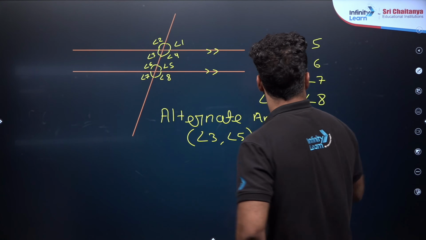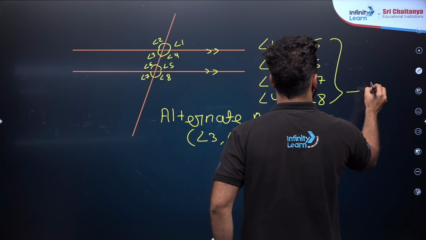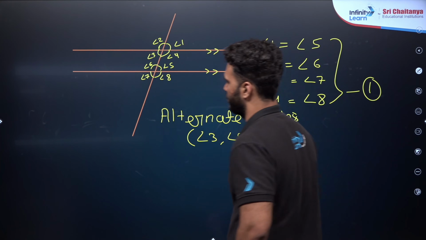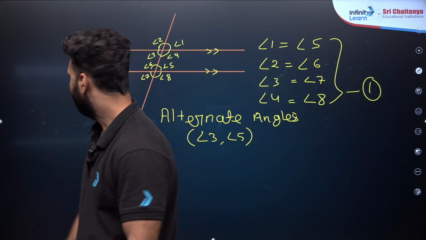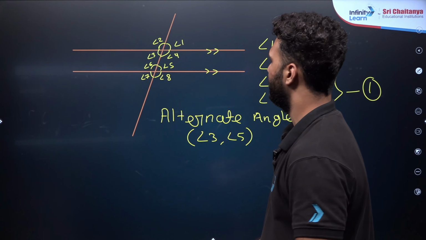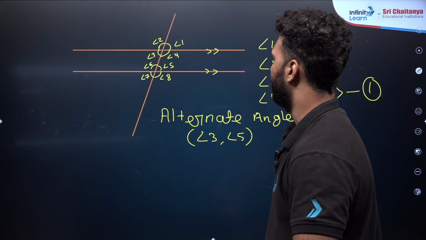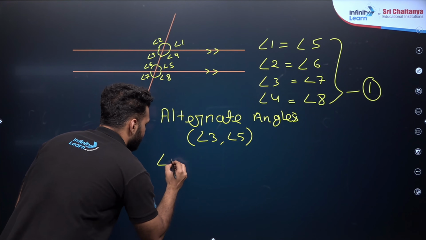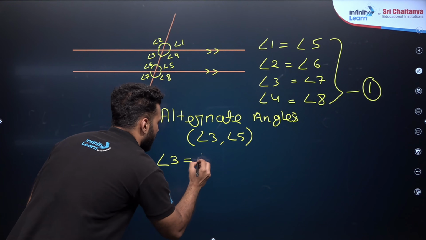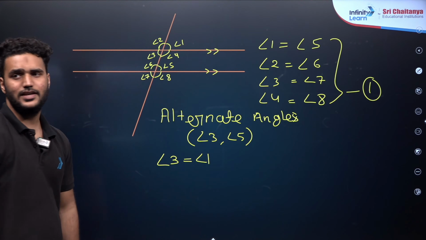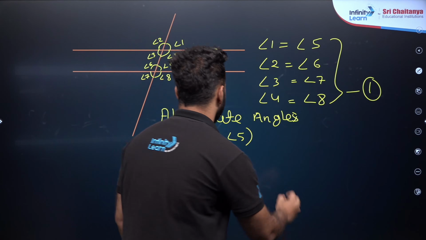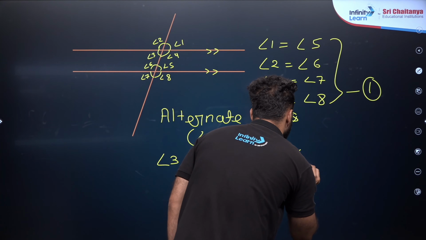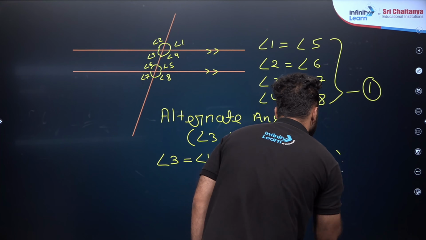Okay, now let's take this as equation 1. Now we're going to prove that angle 3 and angle 5 are equal. Can I say that angle 3 is equal to angle 1? Can I say it? Because of vertical opposite angles.